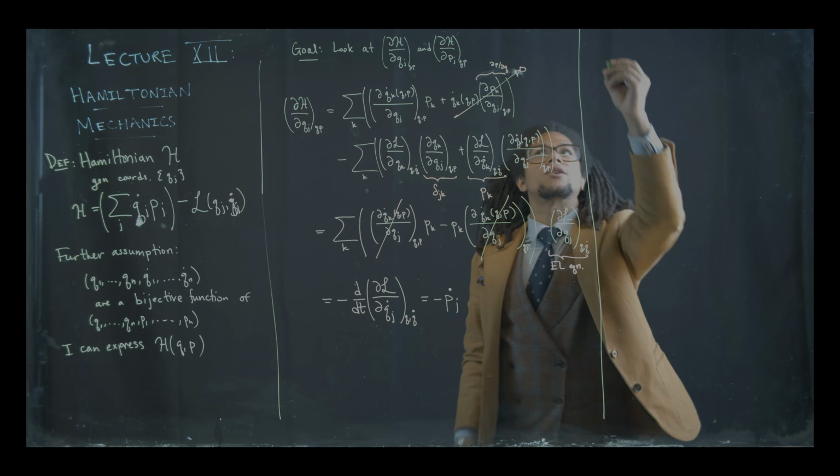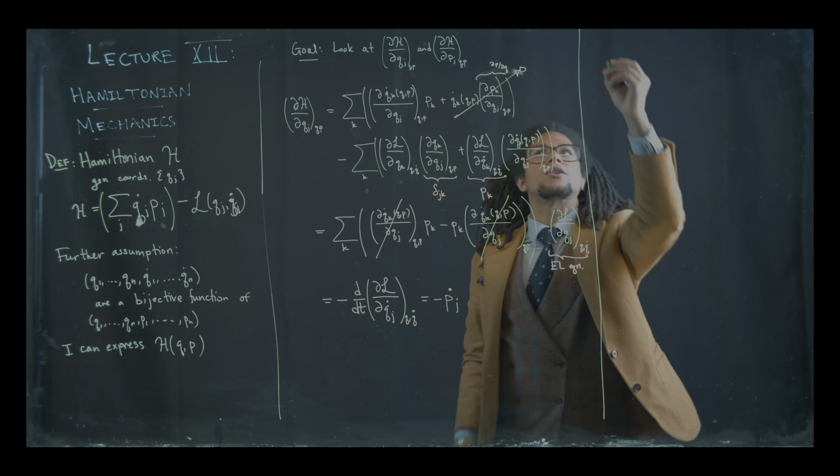Okay, so here I want to do dH dpj while fixing q's and p's, and I'll just do exactly the same thing. So I'm going to come over here, and I need to take a derivative with respect to each of these in my product rule.